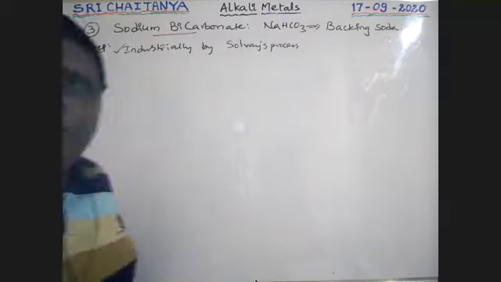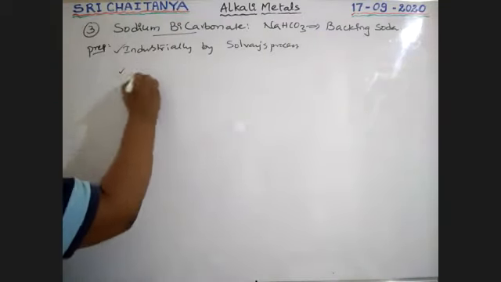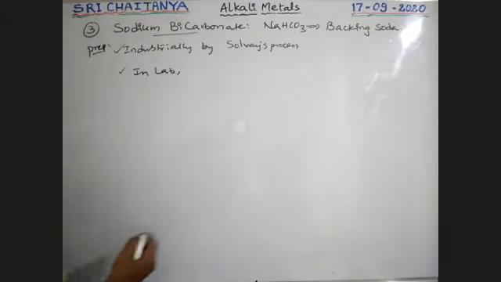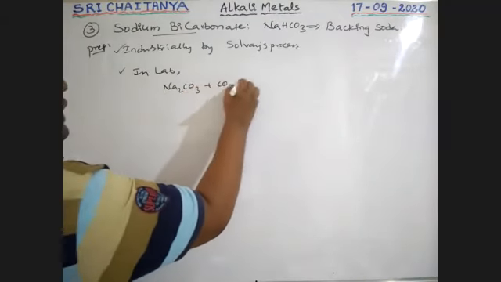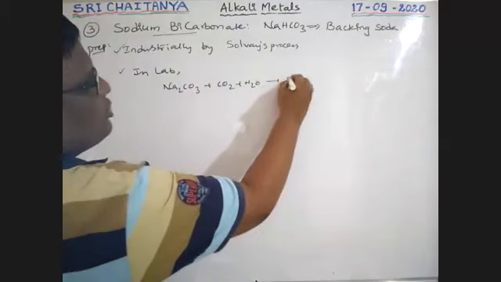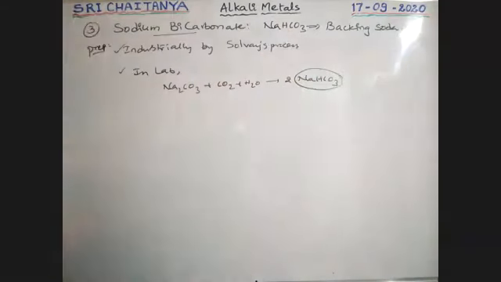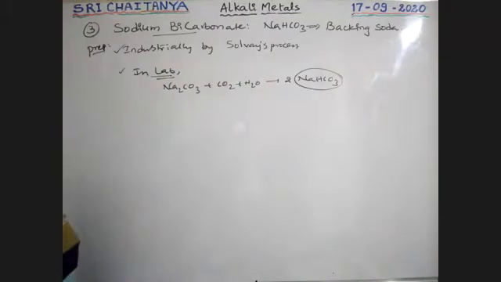We already covered that process, so no need to repeat it. Next, in the lab, this reaction we also covered. When Na2CO3 reacts with carbon dioxide in water, that gives 2 moles of NaHCO3. This is the way to prepare NaHCO3 in the laboratory, that is, on a small scale.